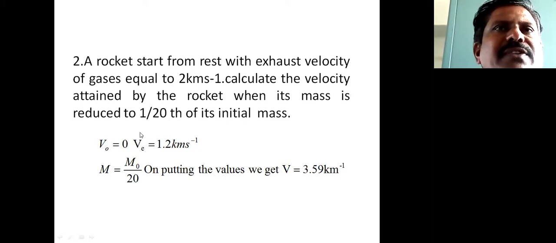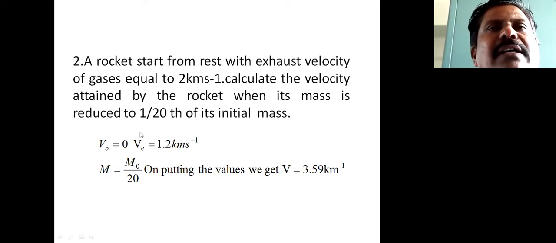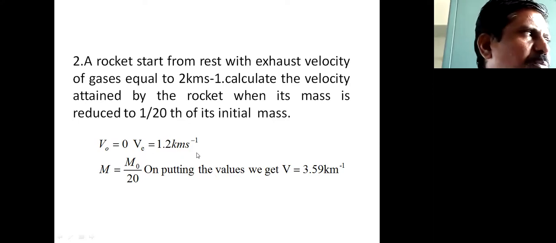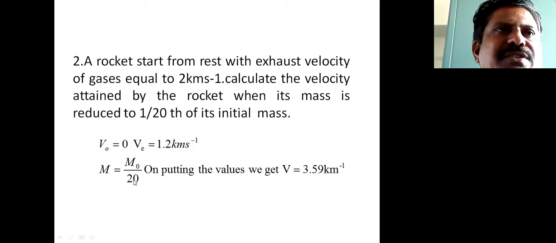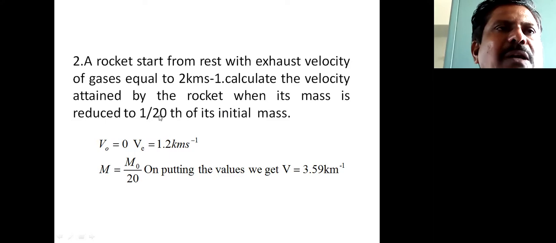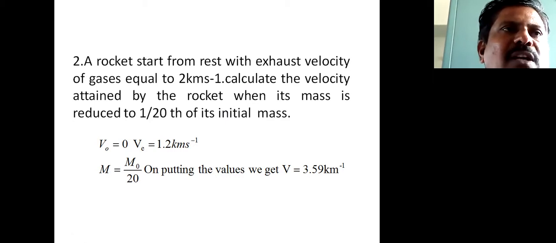So here, first you write the given things in this problem. So v naught is equal to 0. Small v is equal to 1.2 kilometer per second. Next, calculate the velocity attained by the rocket when its mass is reduced to 1 by 20, that is, 1 by 20th of its initial mass.